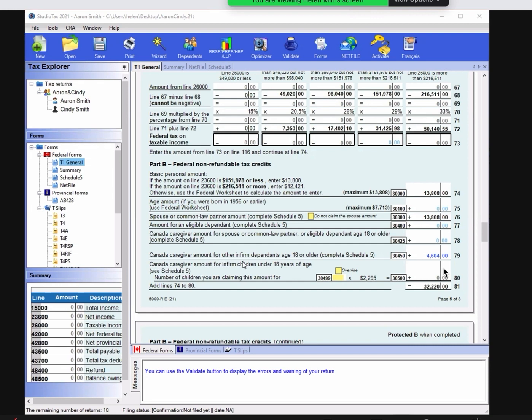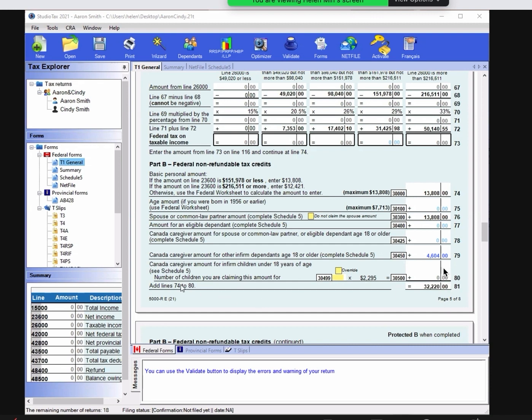So keep in mind, you have other dependents, and they must be infirm. Then you can get this credit. Otherwise, you cannot. Also, all the credits are reduced by their net income.